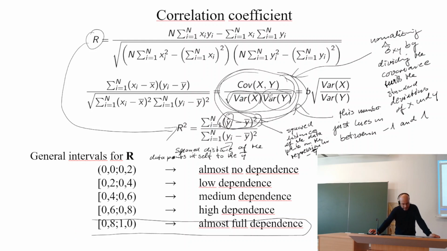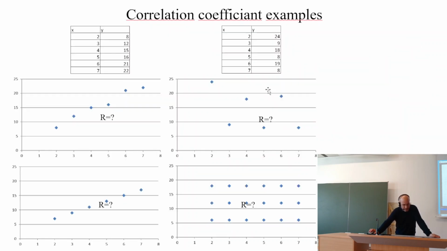But we will do also our example, so let's be a bit faster. What would you think in this case? In which neighborhood could our R's be when you see these diagrams?